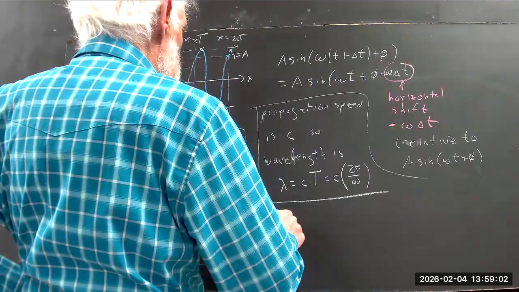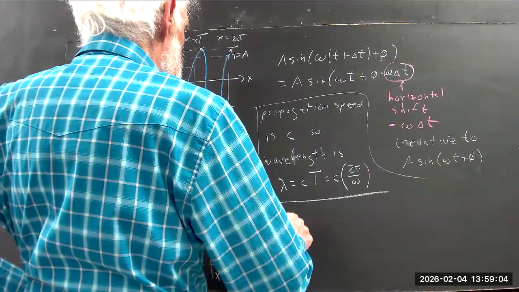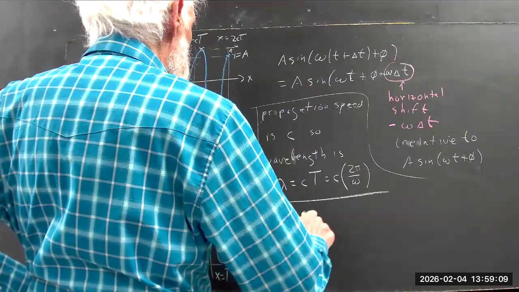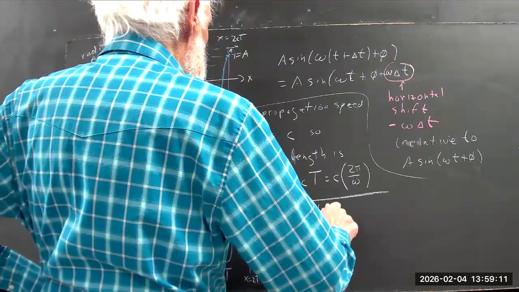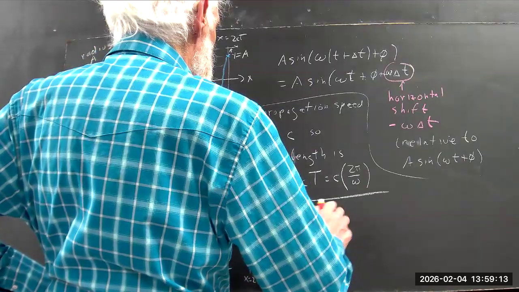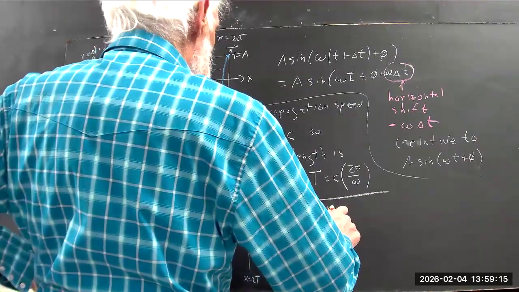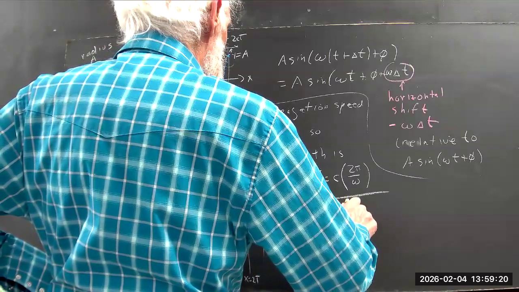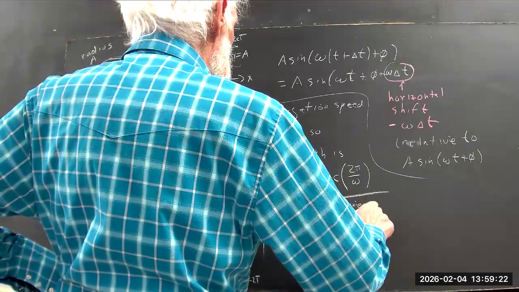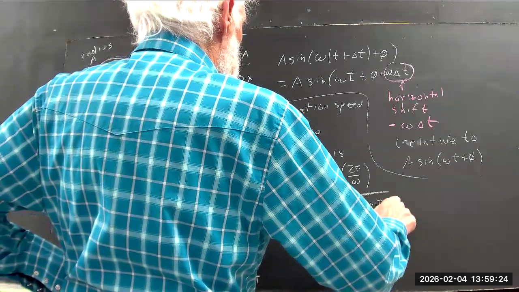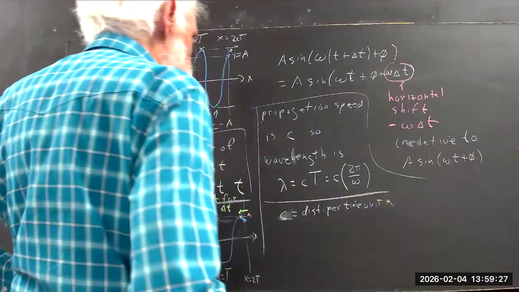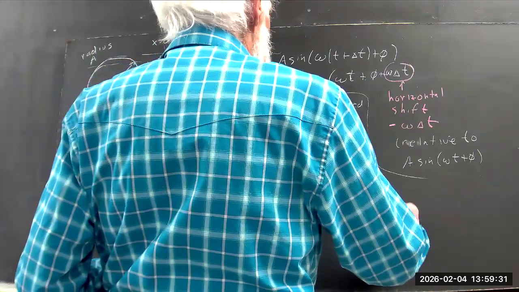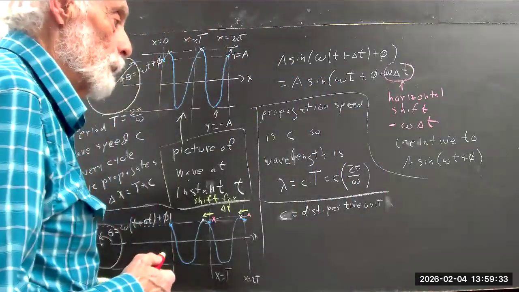Now this is done more intuitively. C is your distance per time unit.